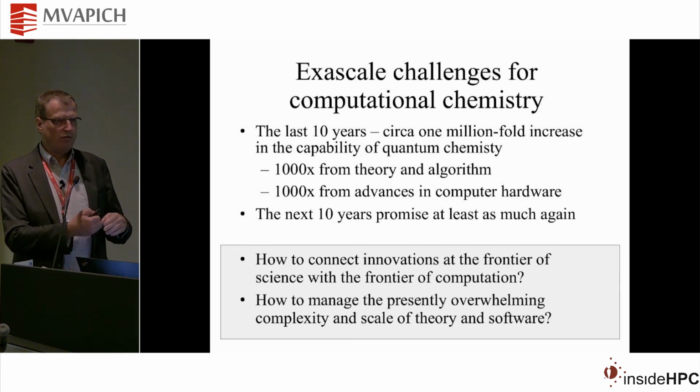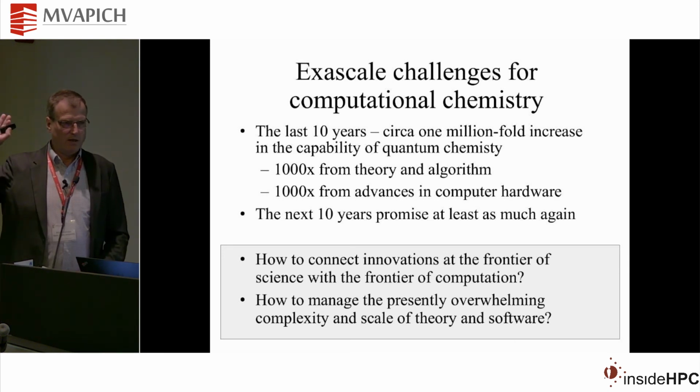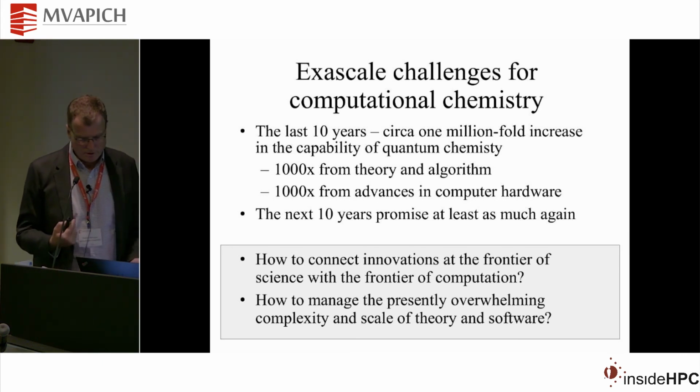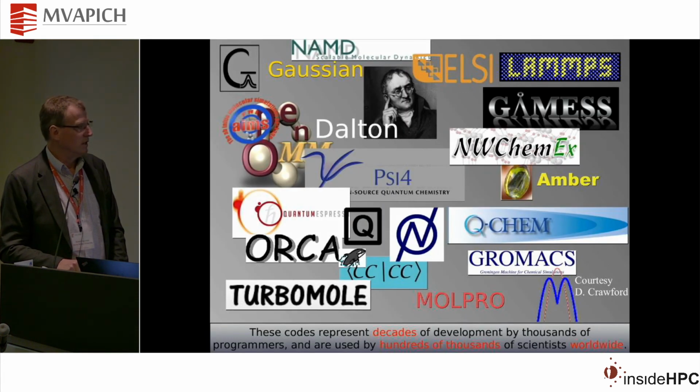And many of those groups aren't connected with community projects or national lab projects that are at the frontier of computation. So there's this big divider between ideas being generated and those ideas being realized in frontier computation. One of the things we want to do is address that, and a key aspect of that is managing this overwhelming complexity of software.